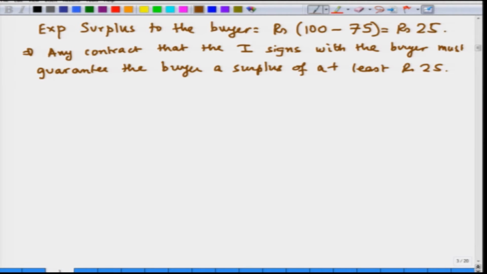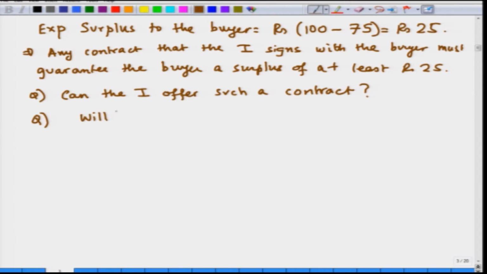So, the question that we are going to ask is, can the incumbent offer such a contract that guarantees the buyer a surplus of at least rupees 25? The other question that we will ask is, will the buyer sign such a contract?